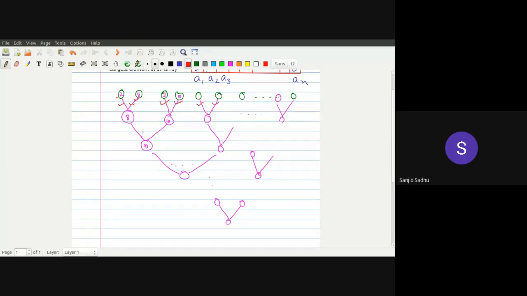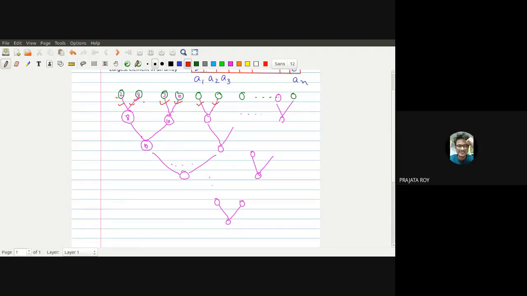Now can you tell me, even if you have tried to design a new algorithm like this, how many comparisons will there be? See, how many edges are there? Tell me.